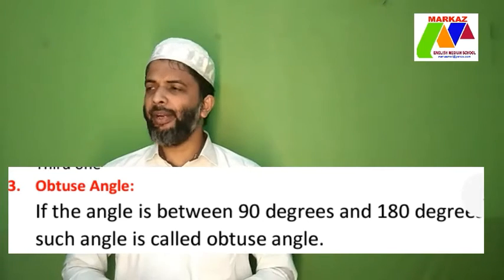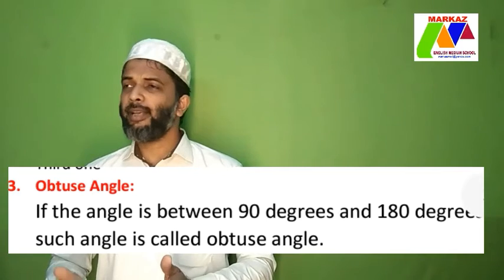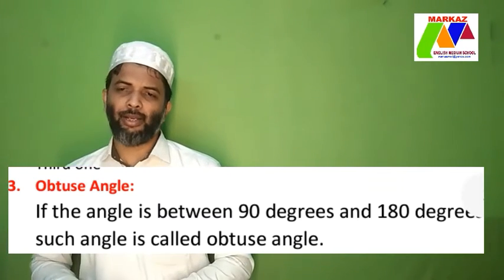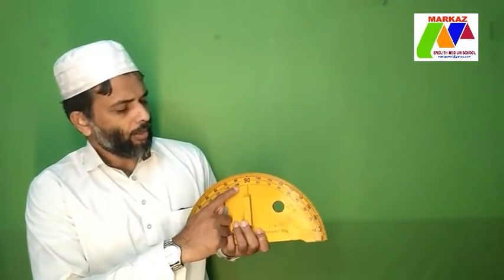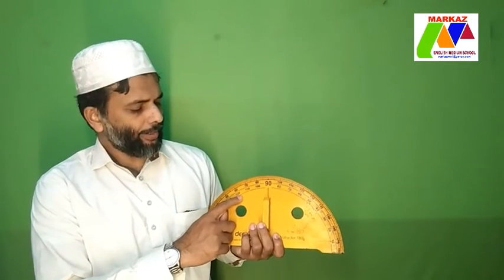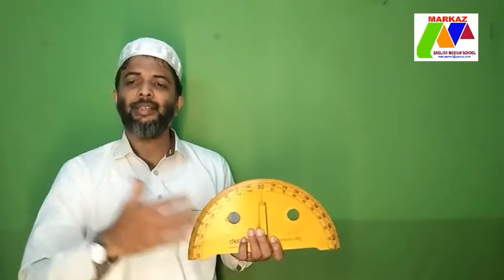If the angle is between 90 degrees and 180 degrees, such an angle is called an obtuse angle, for example, 100 degrees, 110 degrees, 140 degrees, 170 degrees.